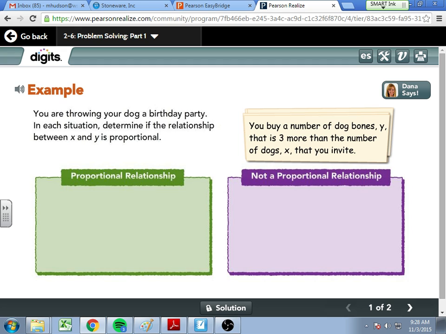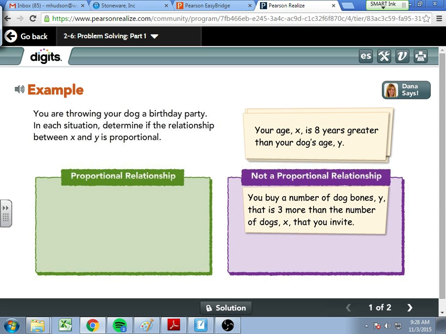Is that a proportional relationship? No. Why not? Well, you can have more and it still be proportional, but you can't do it through addition. You can't take one of your values and add to it. We'll see what we can do here coming up in one of the next ones.